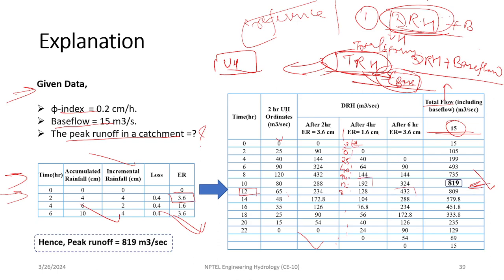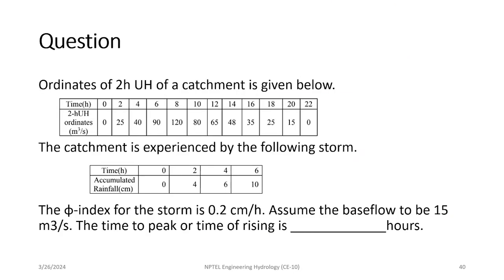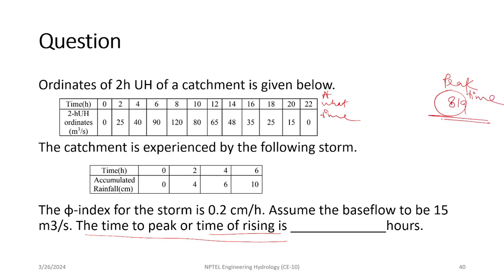Okay, so then again the next question is also there. The problem is the same, the only thing is that it is asking for the time to peak, or time of rising. So time to peak, you already got the point: at what hour, at what time the peak has been noticed. So you were getting a peak of 819, right? So what was the time?